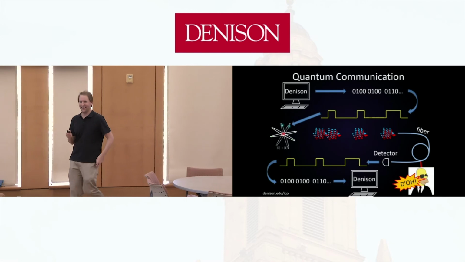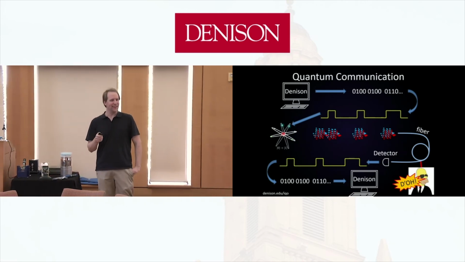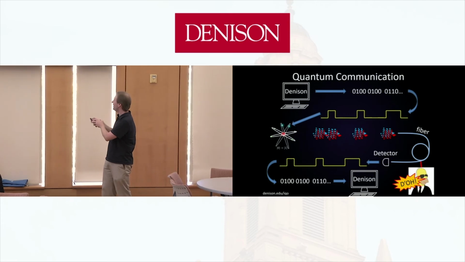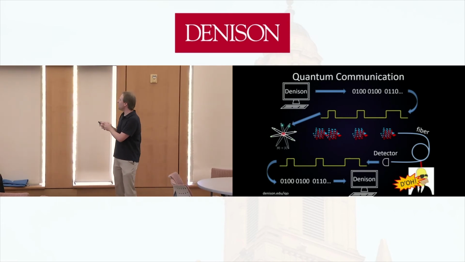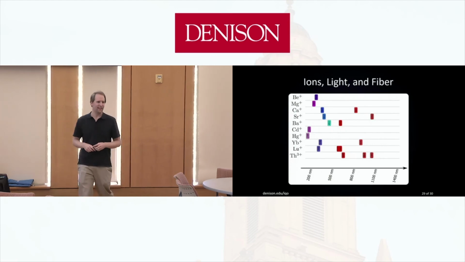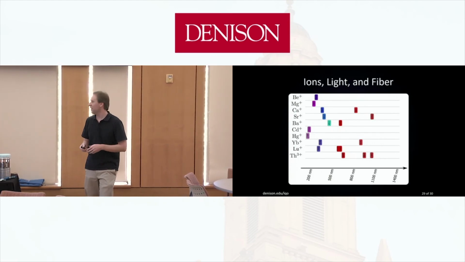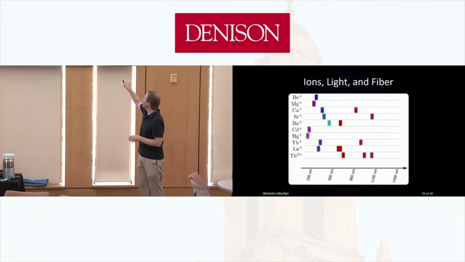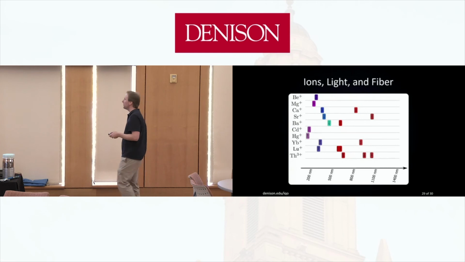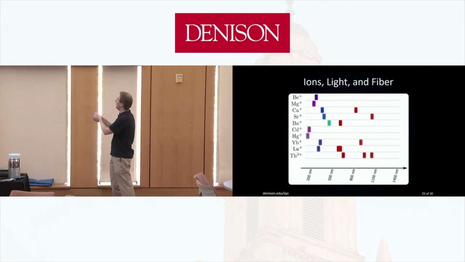So this sounds really promising, that trapped ions are a good candidate to do this, but there's one issue. If I list all of the trapped ions that have been laser cooled and trapped to date, and that have been considered for quantum information purposes, you'll notice that the wavelengths of light used to laser cool them and control the atom mostly lie in the ultraviolet or blue region of the spectrum, way over here, the short wavelengths.